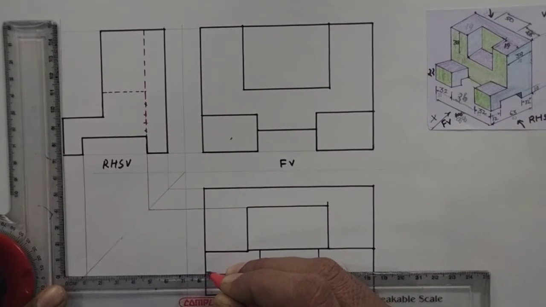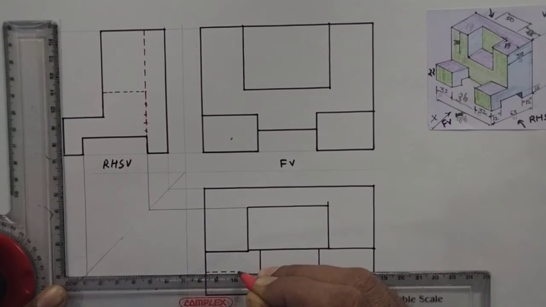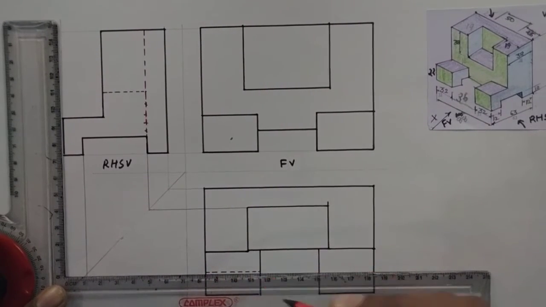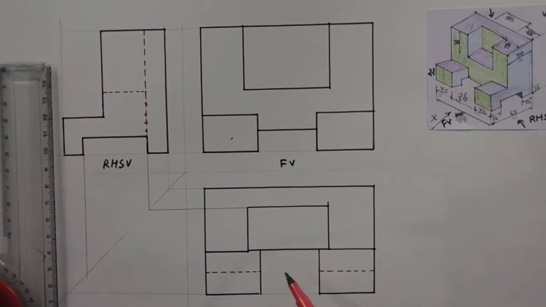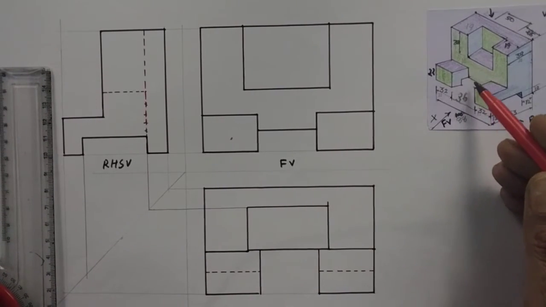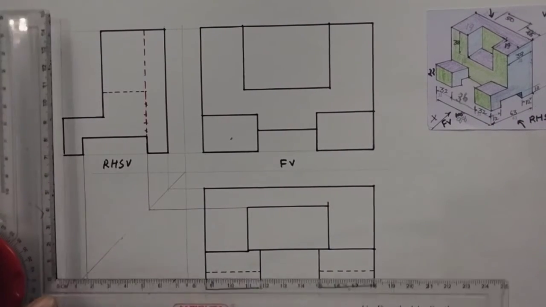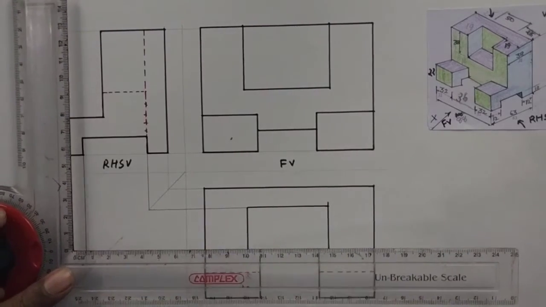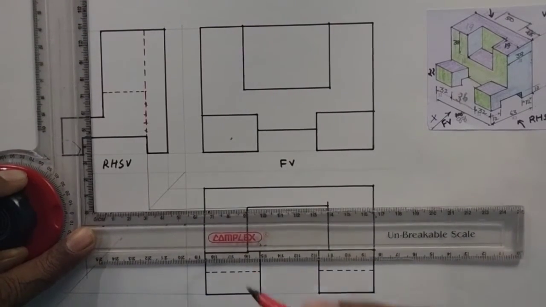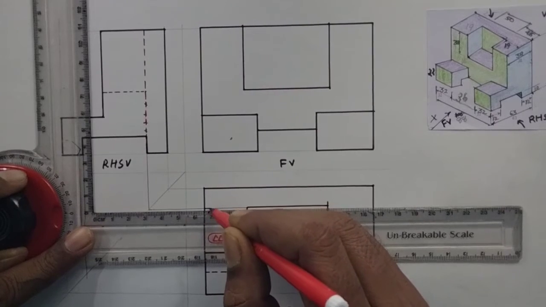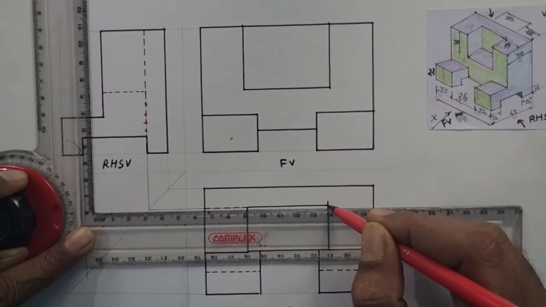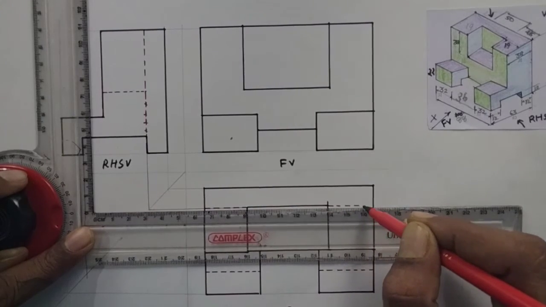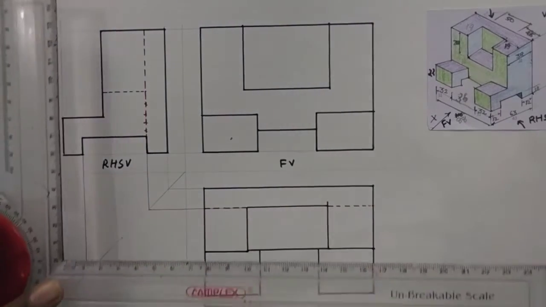So this is the first dotted line here, at the entire bottom step rectangle. In between you have the hollow space, there is no material here, so there is no need to show the dotted line, but here you have the dotted line.